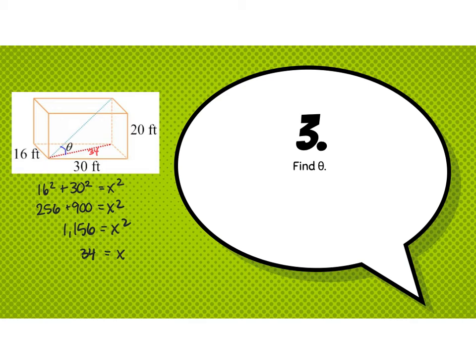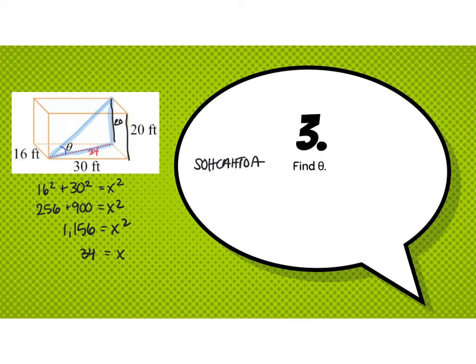Now I'm going to look at the triangle that's kind of inside our box right here. And we know that if this length is 20, this length here is also 20. So as I look at this, I now have enough information. We're going to remember SOHCAHTOA. And I have my angle. That's what we're trying to solve for, so we don't know that.